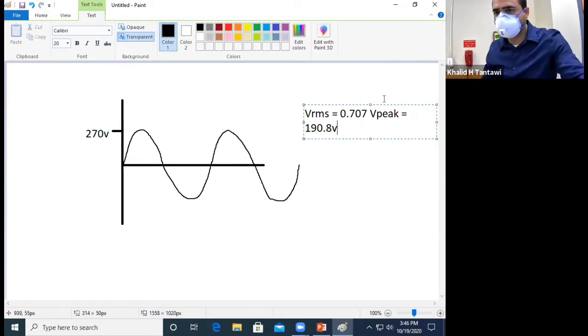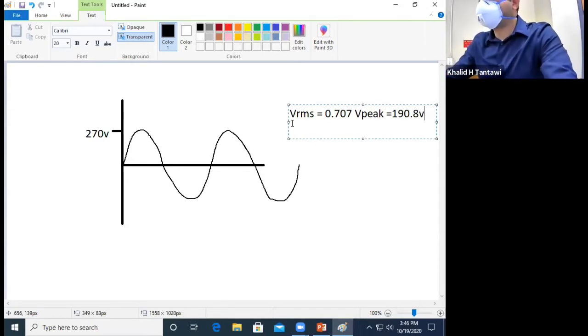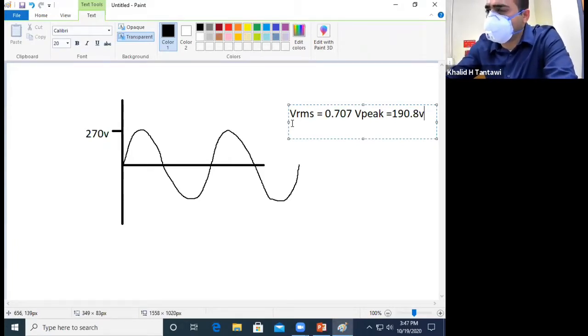How did you find those constants, the 0.707? There's a story behind it. It's really mathematics. You find the square root of the mean value of the square of the signal. In other words, you have to integrate, but for a sinusoid it's always going to be 0.707, the square root of 2 over 2.